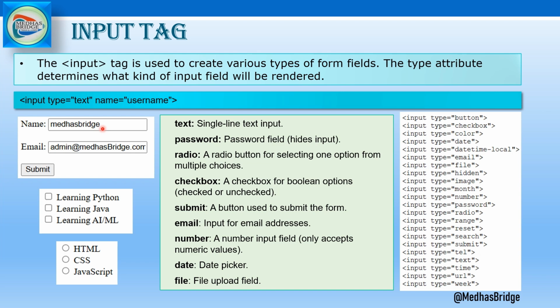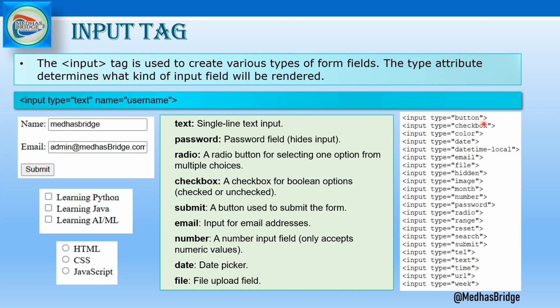No, input tags can be text, password, a radio button like this, a checkbox like this, a submit button, email, numbers, date, file, etc. Here are the consolidated input types that we can leverage for our form page design.